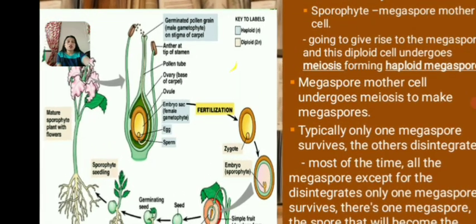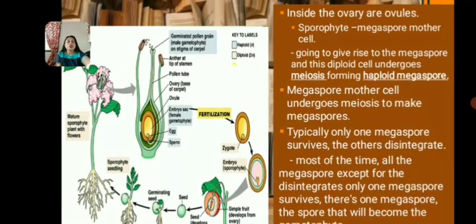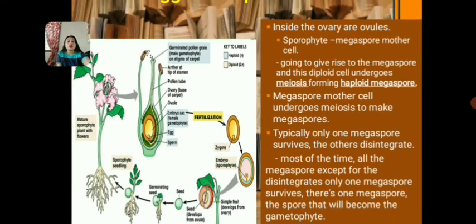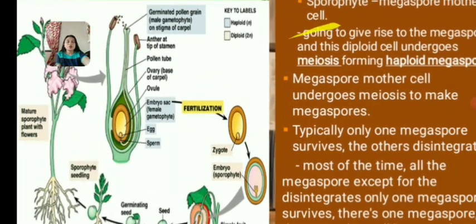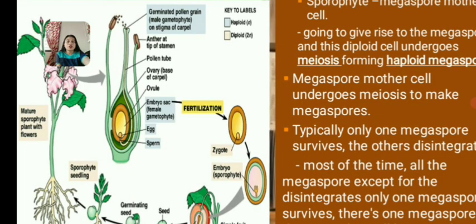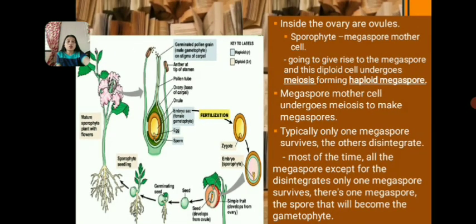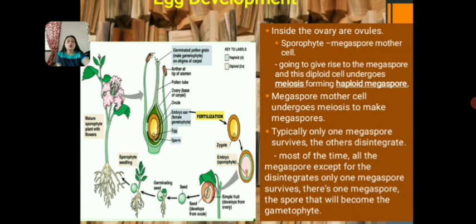It is going to give rise to the megaspore, and this diploid cell undergoes meiosis, forming haploid megaspores. As we can see here in the image, the megaspore mother cell undergoes meiosis to make megaspores.